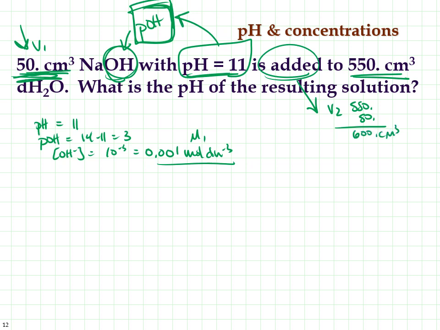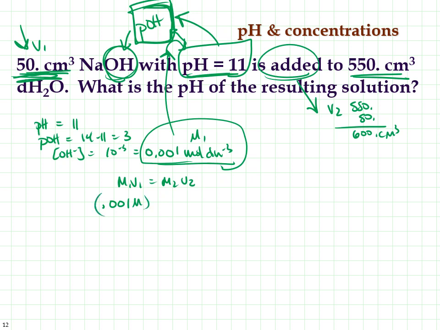So when I do M1 V1 equals M2 V2, M1 again is going to be this guy that I found from the pH that led me to the pOH that led me back to the concentration. Molarity is 0.001 molar or moles per cubic decimeter. My volume that I started with was these 50 cubic centimeters.